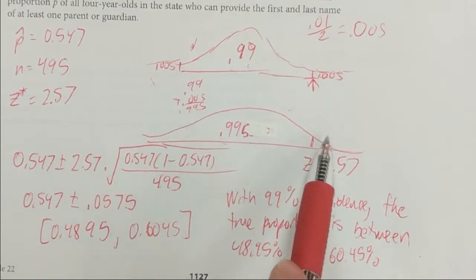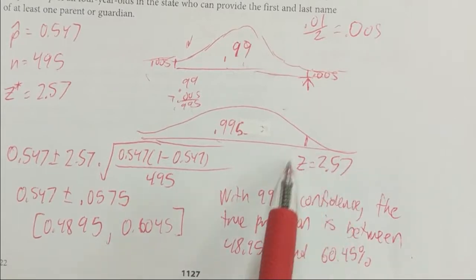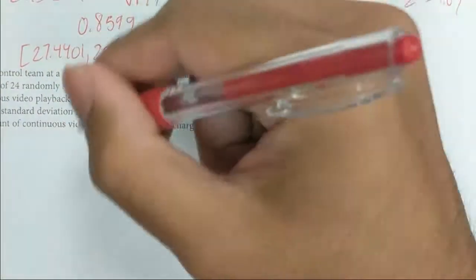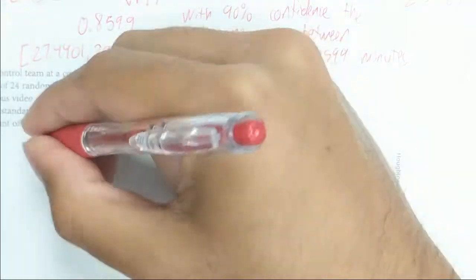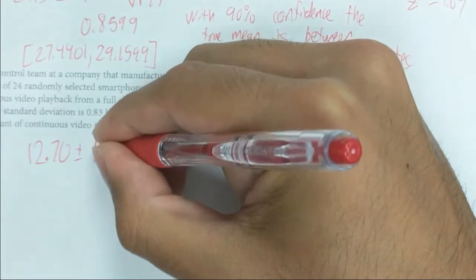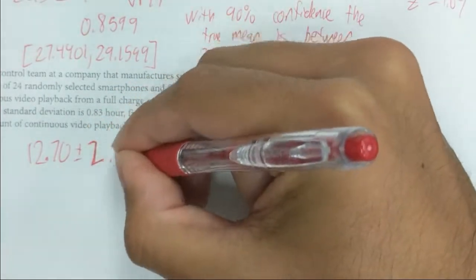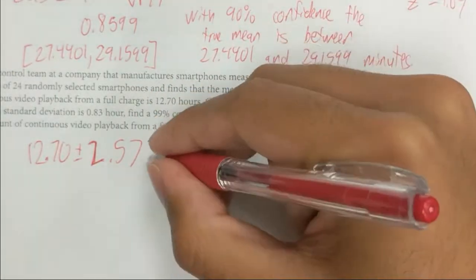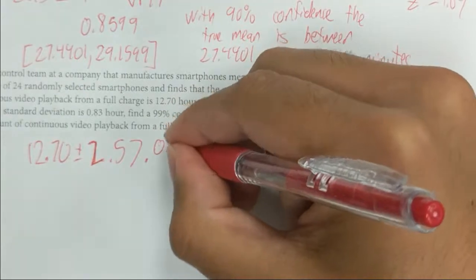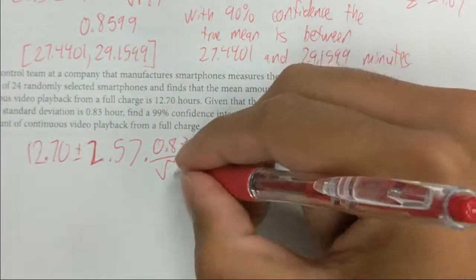The area to the left of your desired z-score is 0.995, so we're going to use a z-value of 2.57, times population standard deviation divided by square root of the sample size.